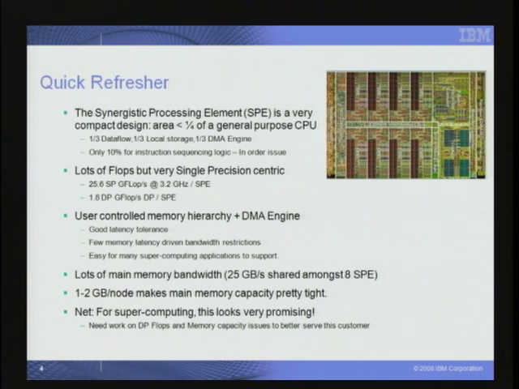So the net of this is that for supercomputing, things are very promising, but slightly unacceptable. And so we need to do some work on improving the double precision flop rate and the memory capacity issues before we have a compelling supercomputing product.